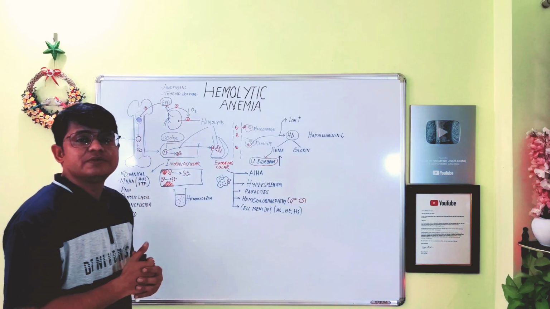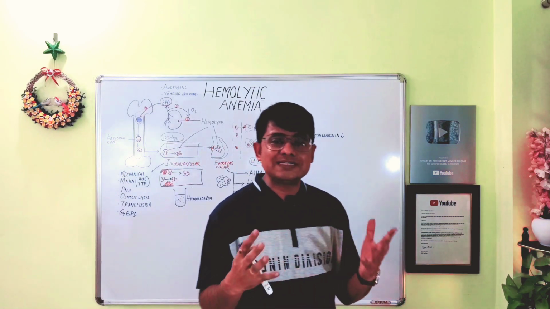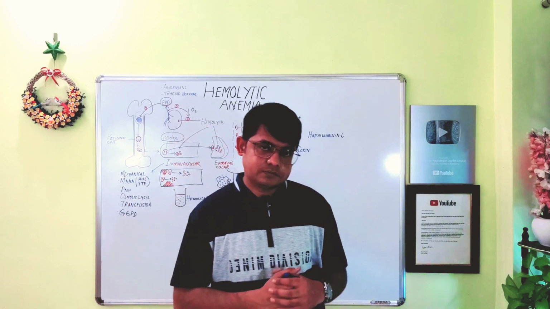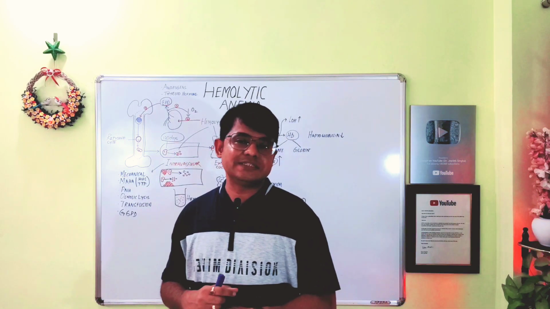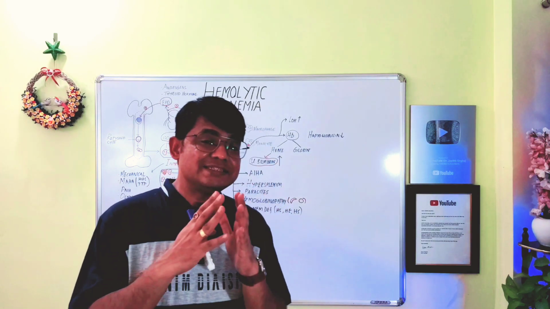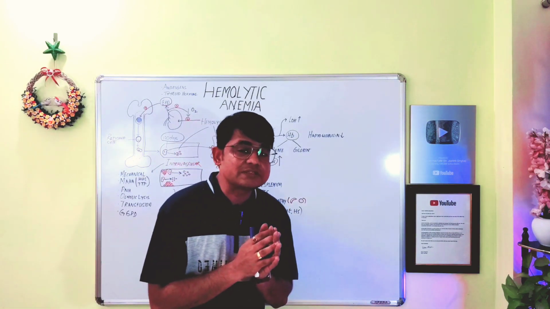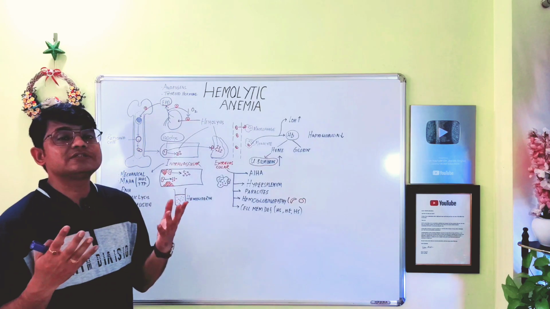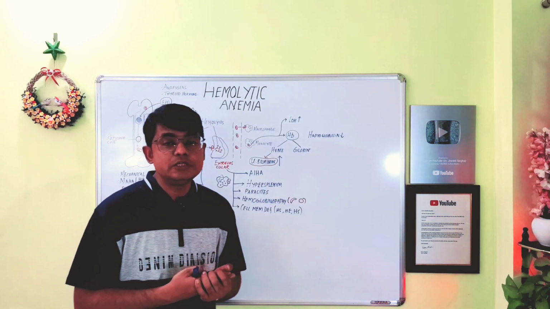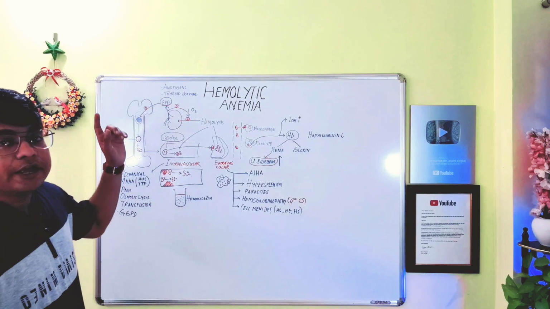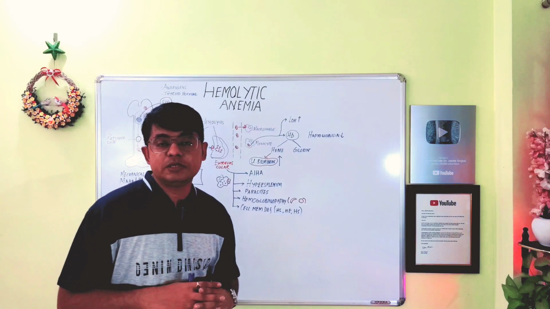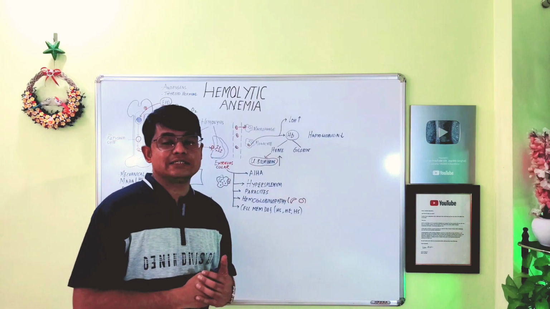Next is G6PD deficiency. G6PD deficiency, what is it? Glucose 6-phosphate dehydrogenase is an enzyme, and this enzyme is quite important in the prevention of injury from free radicals. It is so important in preventing damage of RBCs by free radicals.